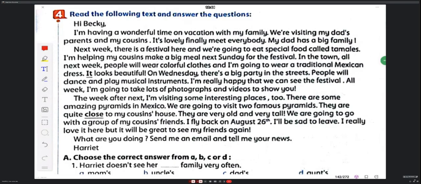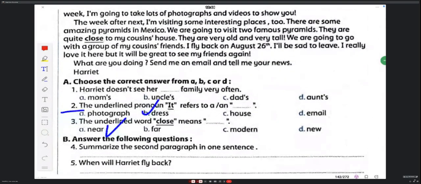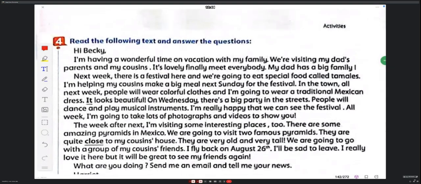Can we say there is a festival that we will eat special food in, and we will wear traditional Mexican dress? We will see there is a festival next week.